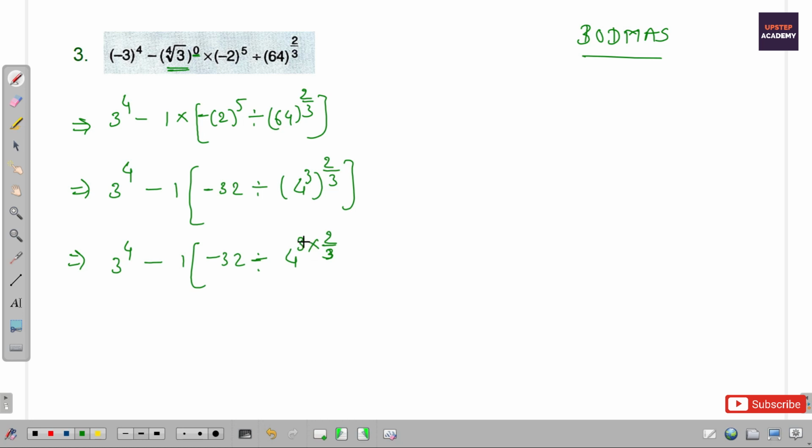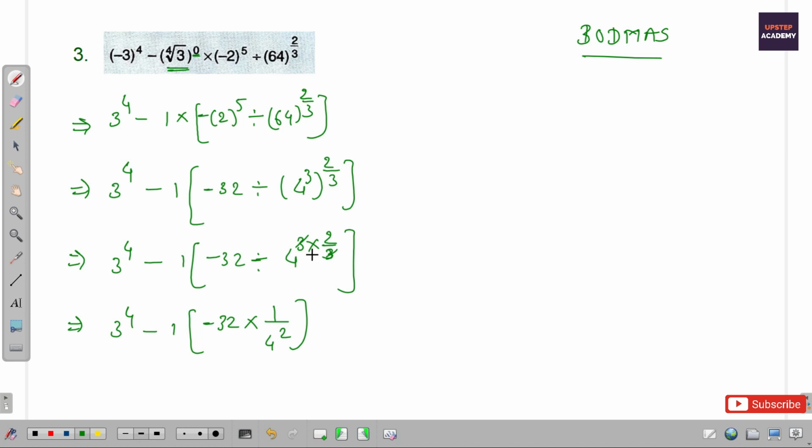This is 3, and I can cancel this 3 because according to the power law we can multiply the powers, right? So the 3 gets cancelled, and the number remaining here is 4 with its power 2. So I can write it as 3^4 − 1 × the square bracket minus 32 into 1 upon 4^2, right?